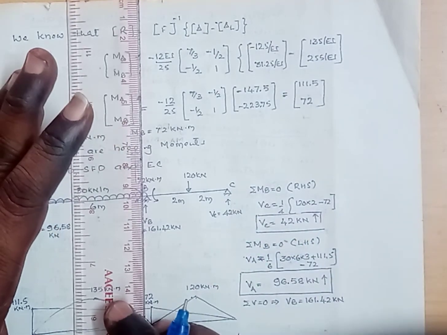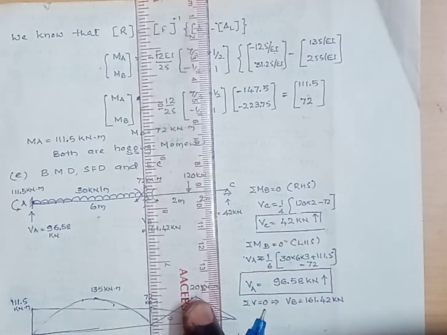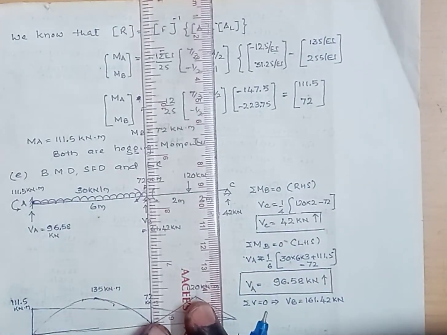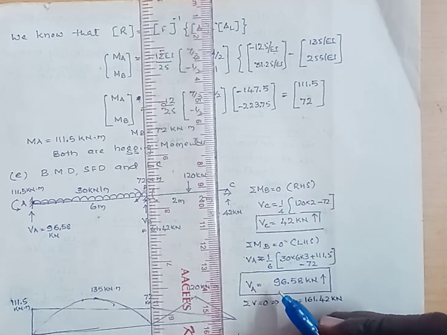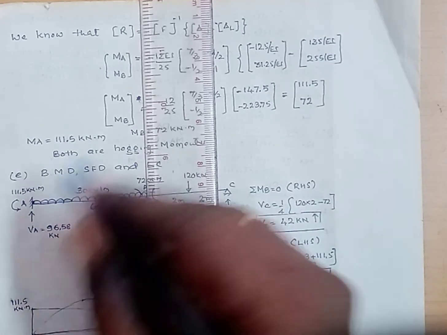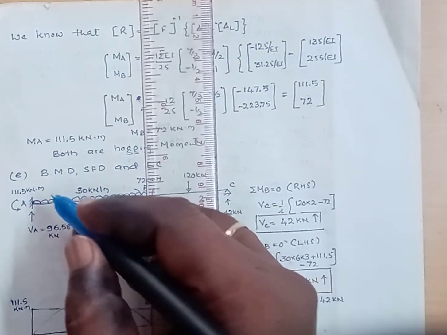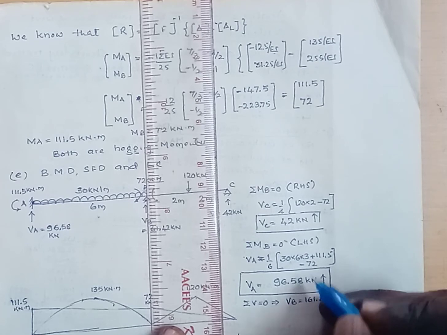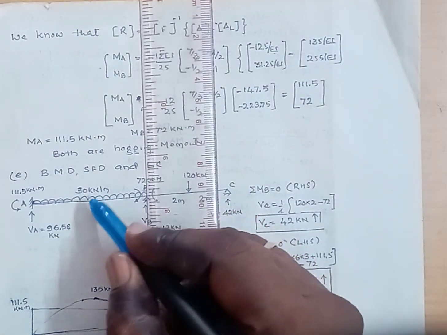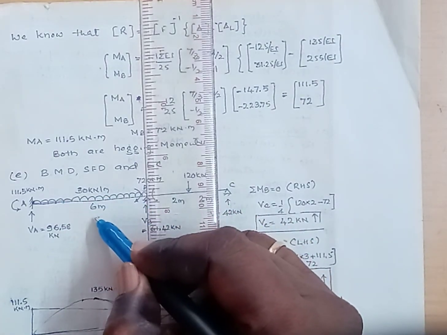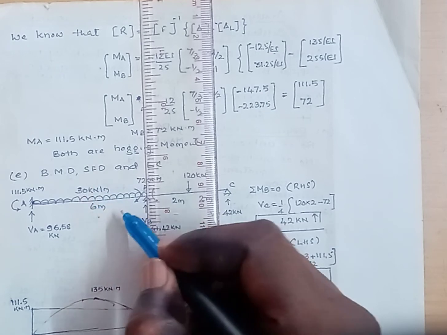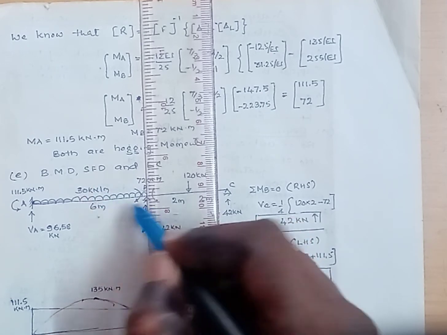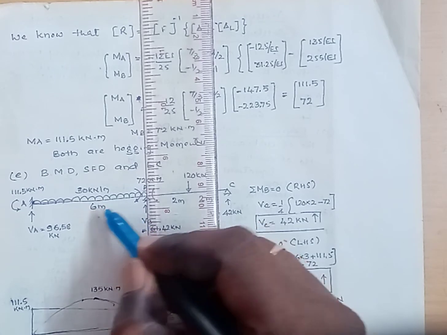Similarly, summation of MB equals 0 by considering the left hand side from A, that is Va into 6, which is clockwise, minus 111.5. Then minus, due to UDL, 30 into 6 into 3, since the total load acts at a distance of half of 6 from either end.